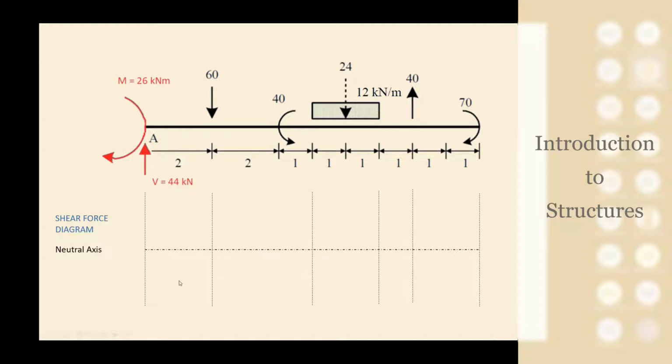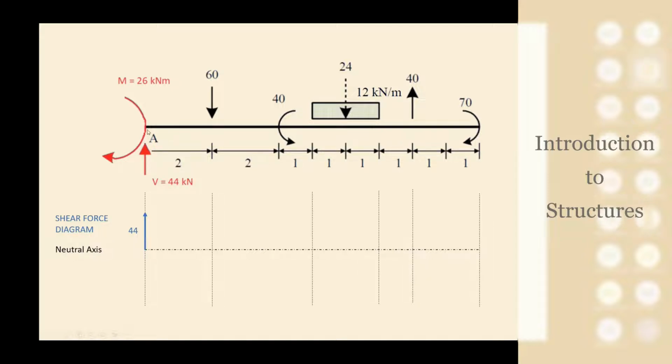So one way of producing the shear force diagram is starting from the reaction to the left. For example, in this case, I will start adding the reaction at the first point of this diagram. So it's 44 kilonewtons. And after that, I know that in between forces, the shear force diagram is constant.